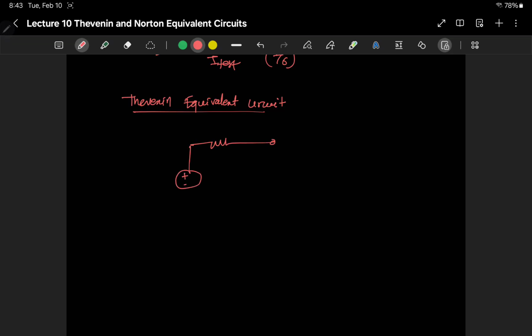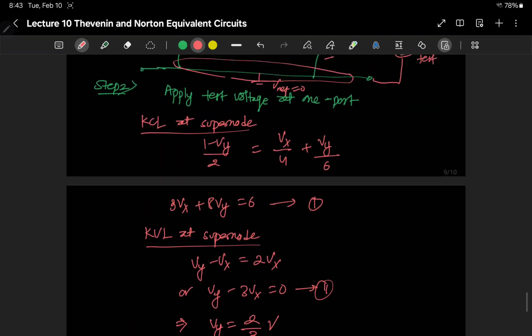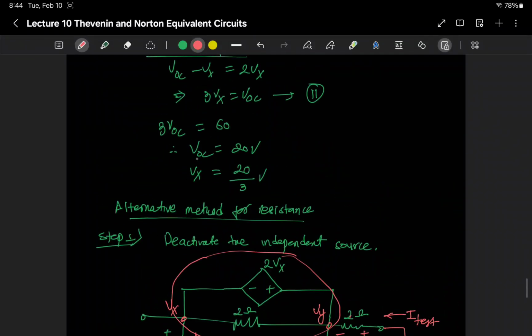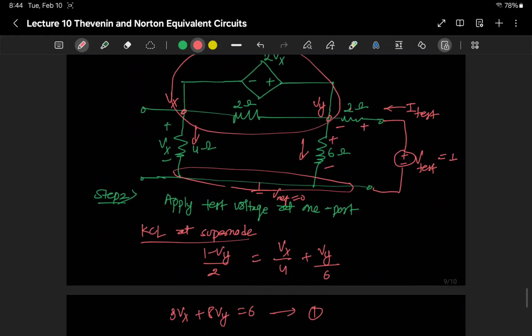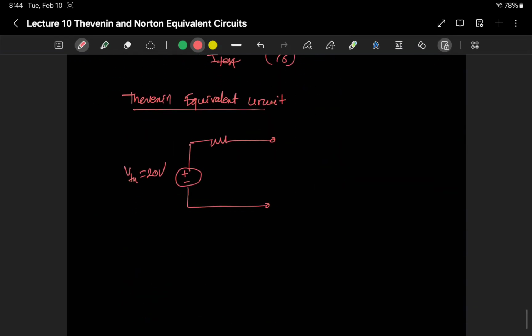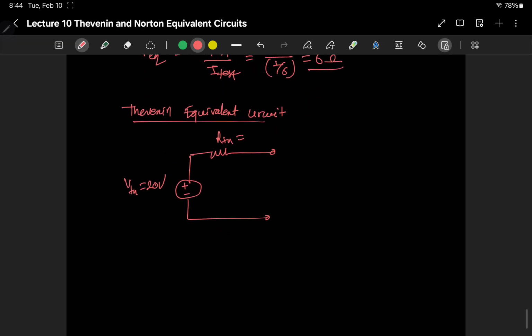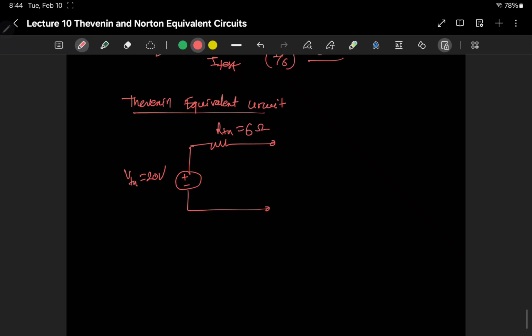I have a voltage source, and VTH is the voltage that we calculated earlier when we open circuited; this is the Thevenin voltage, right? VTH equals VOC. So that is 20 volts, and RTH is what we just calculated here, 6 ohms. So this is the Thevenin equivalent circuit.